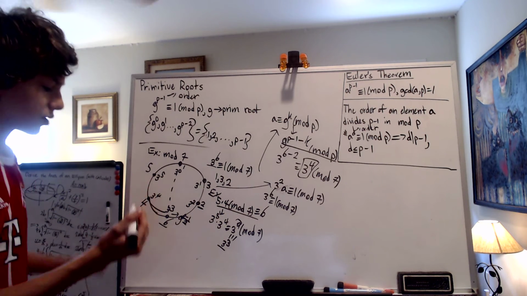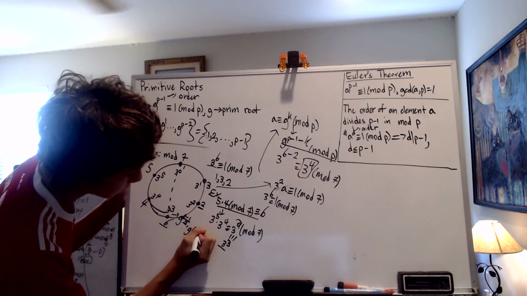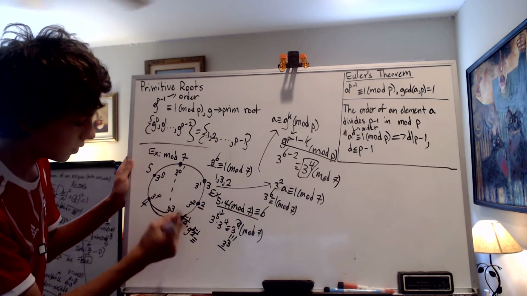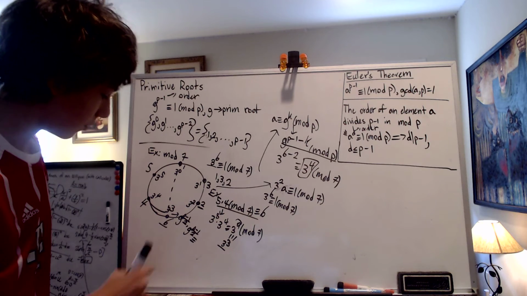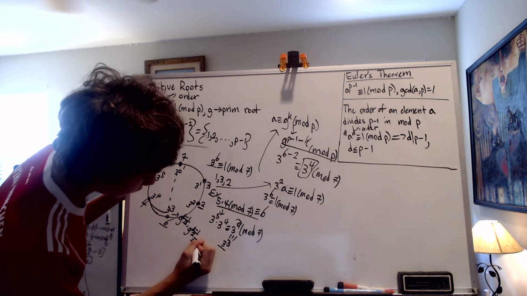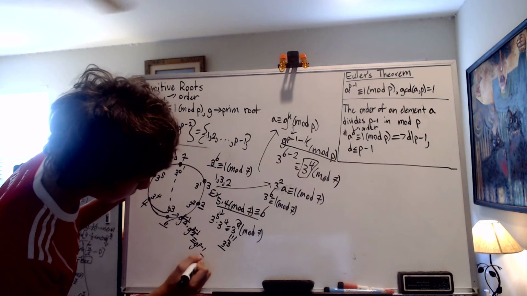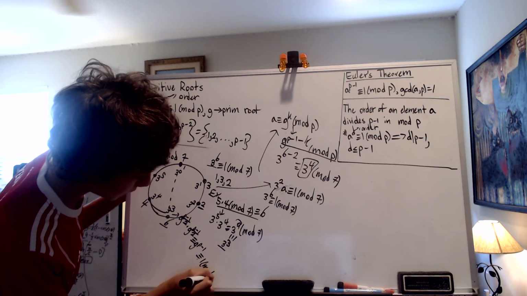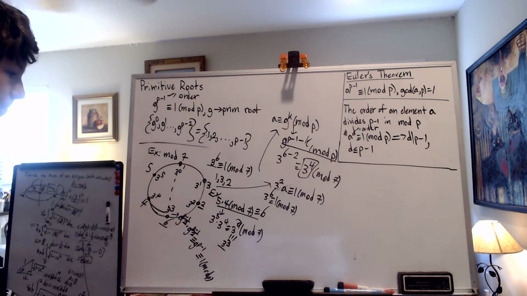And you can also check that g to the p minus 1 over 2 times g to the p minus 1 over 2, if you add the powers, you're just going to get g to the p minus 1, which is congruent to 1 mod p. Okay? So that tells us why this is the case.